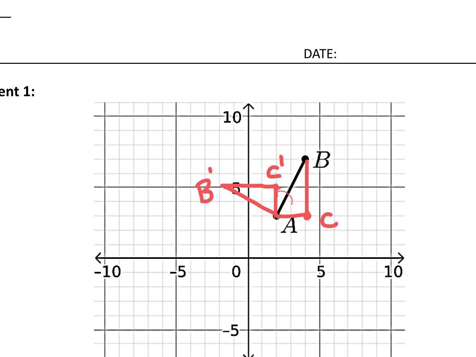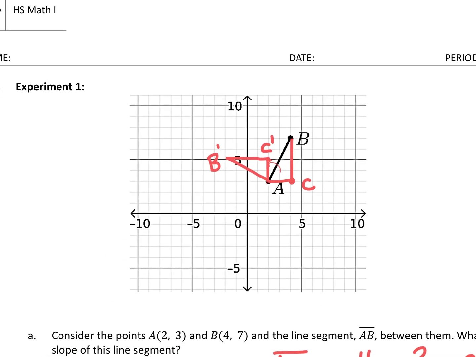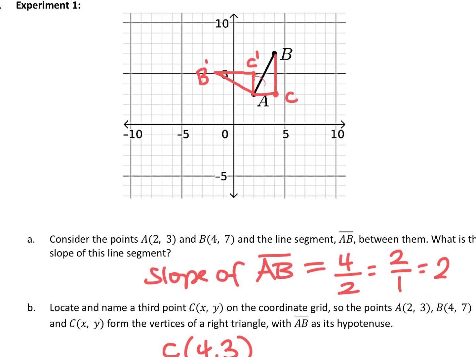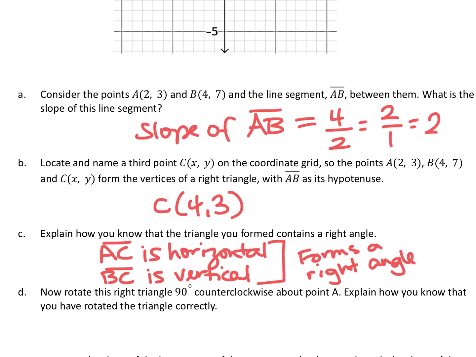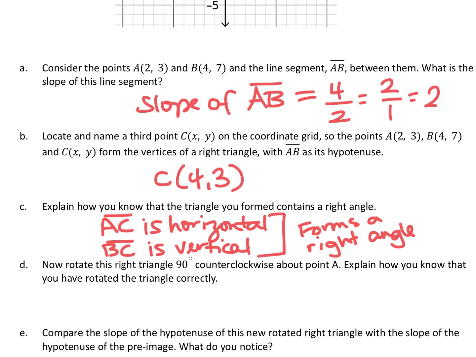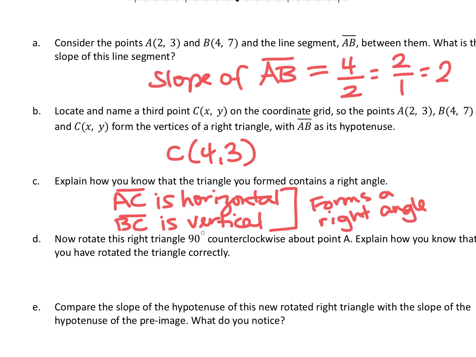Now, as I was building that, I shared why I think I rotated correctly, and that's actually the next question on the experiment. How do I know that triangle A, B prime, C prime is a right triangle and rotated correctly? Well, it's because the legs of the triangle switched from being horizontal to vertical and vice versa.